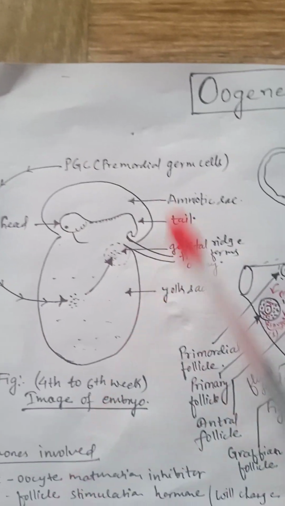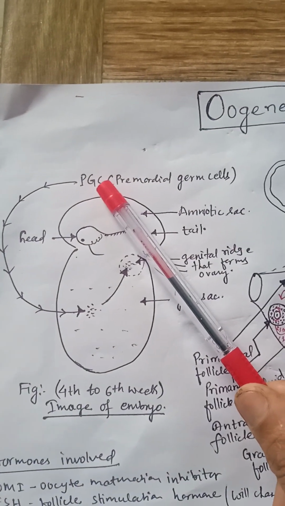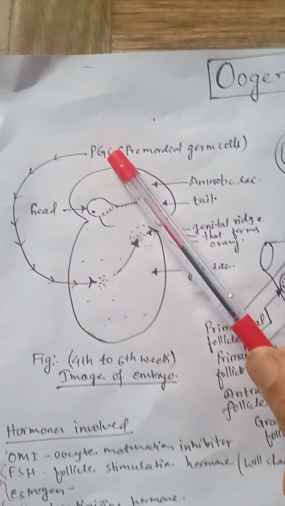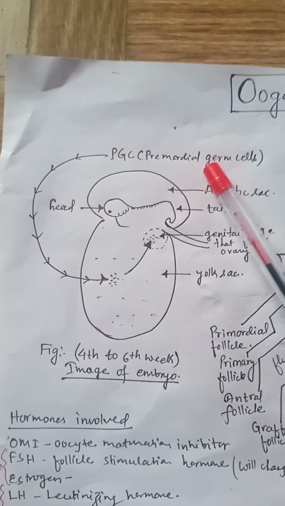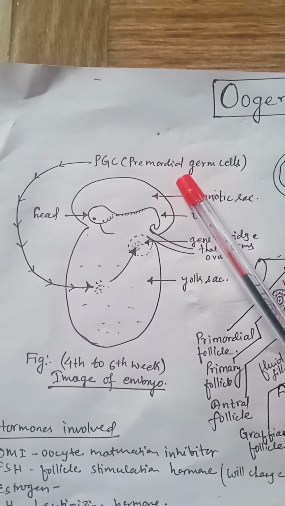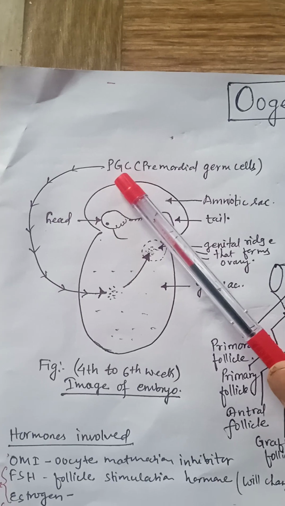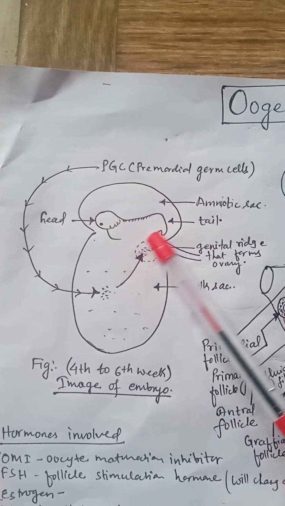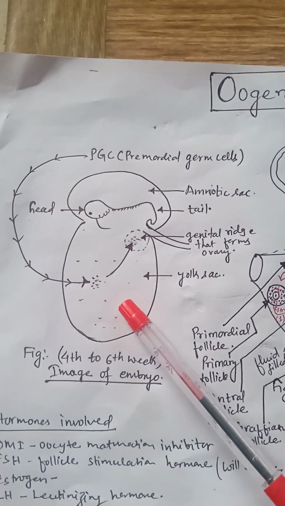Primordial germ cells, what we call PGCs, are actually present in the epiblast region of the early embryonic stage. These primordial germ cells will move from the epiblast region towards the yolk sac.